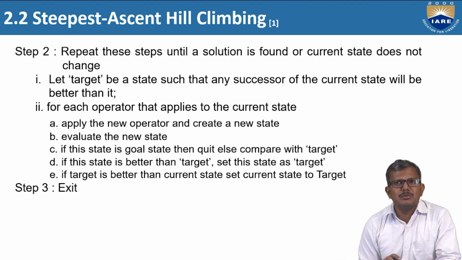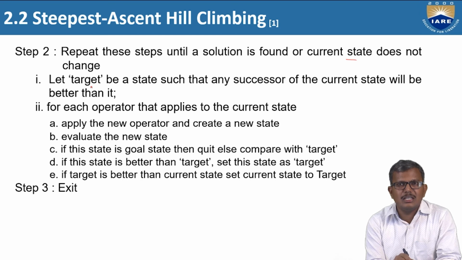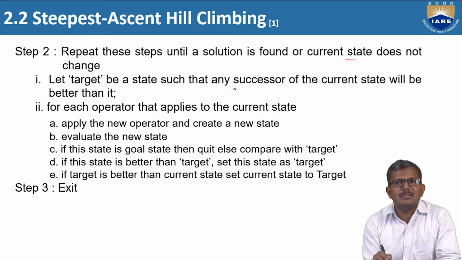In step number 2, we need to repeat these steps until a solution is found or the current state does not change. For example, let the target be a state such that any successor of the current state will be better than it. That means the target will be the better node for us, so that we can move towards that point.